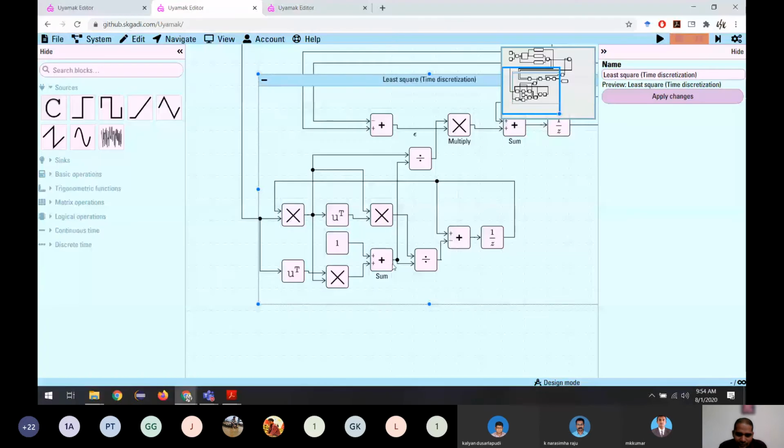So the time is k. If we say time is k, so after the delay, it will be k minus 1. This is p k minus 1 after a delay. This is p, and I'll put it a little far away. Okay, so this is the p of k.